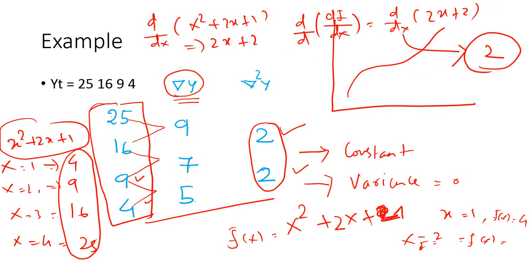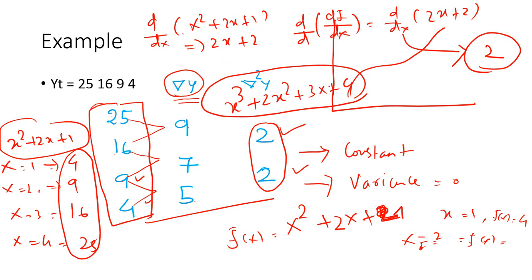That means when you take a second order polynomial, x square plus 2x plus 1, and you differentiate it twice, you get a constant. If you take a third order polynomial, like x cube plus 2x square plus 3x plus 4, and you differentiate it thrice, you will get a constant.